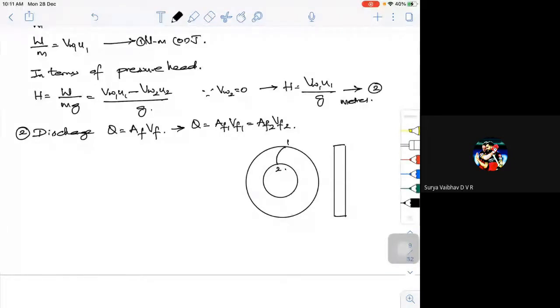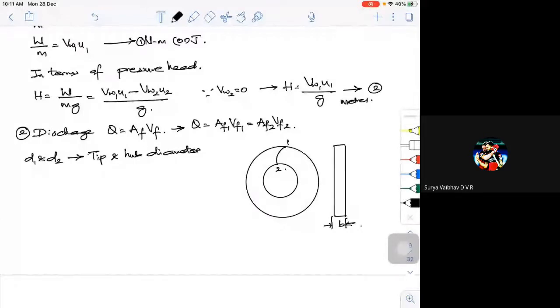This is my width, W or B. What is your 1? 1 is your tip diameter and 2 is your hub. So I can write D1 and D2 as the tip and hub diameters respectively. Hub is the inside one and tip is the outside one.